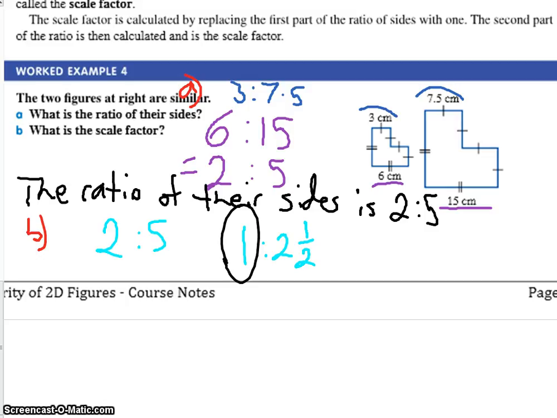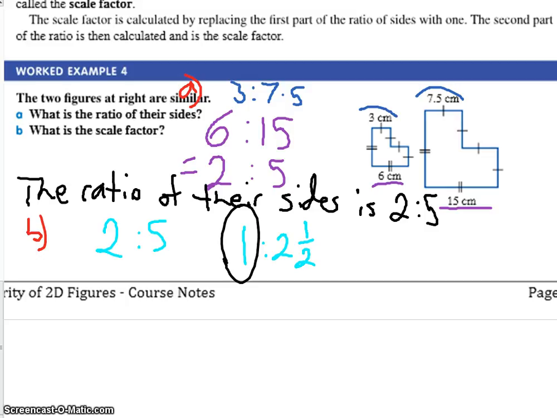Okay? Now how do you know if it's enlarged or reduced? How can you tell if it's enlarged or reduced? Enlarged is one and reduced would be the other. Yes. If this one's the smaller one, you've gone from 1 to 2.5. It was 2 centimetres. It's now 5 centimetres. You've enlarged.